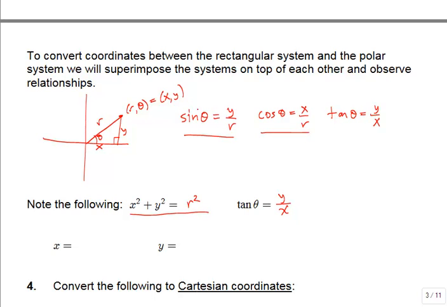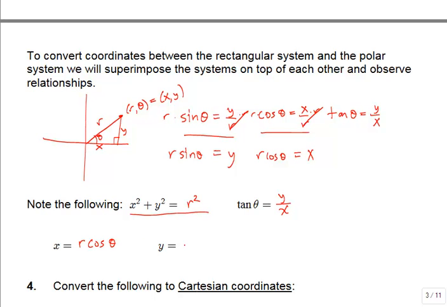If I multiply this equation by r on both sides, these cancel out, and I just get y is r sine theta. And if I multiply both sides by r here, these cancel out, giving me x equals r cosine theta. So here's the relationship. To get x, you would take your r times cosine of theta.